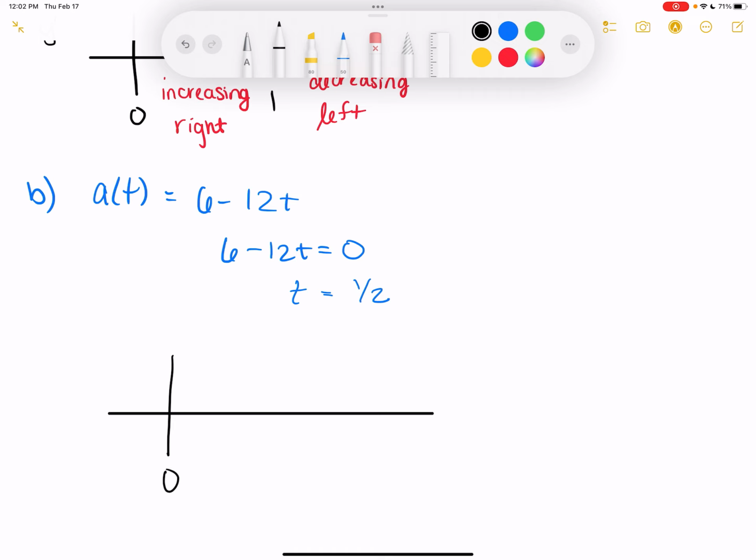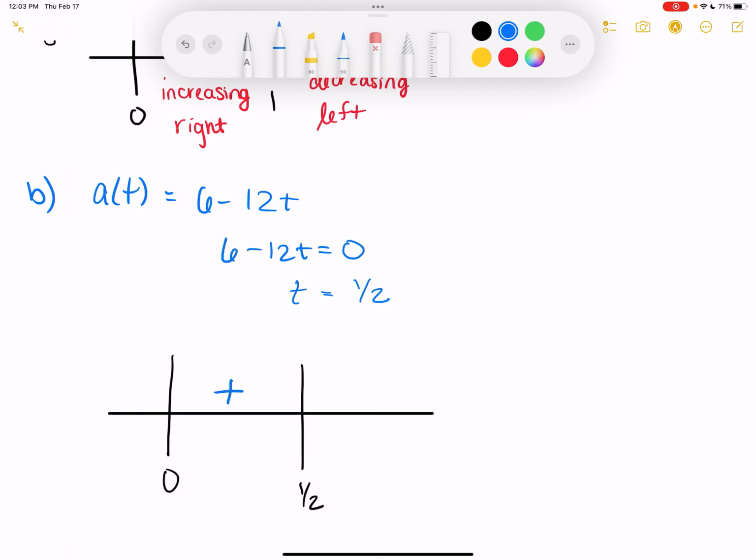So we have 0, and then we have 1/2. I would just try something like 1/4 because that's going to be nice to cancel there. Positive.